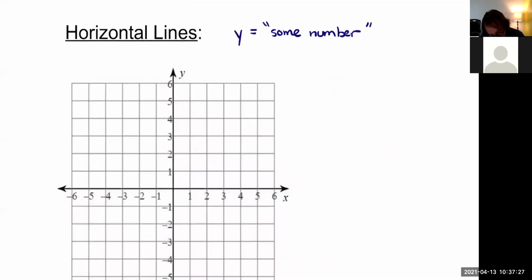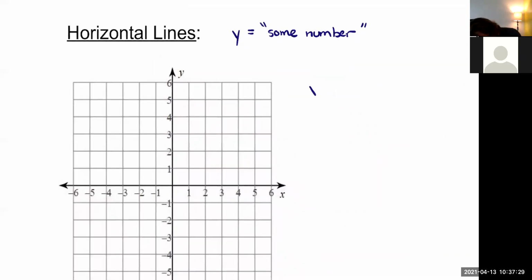So for example, if I was to have y equals 3, the way I would graph that is I would find 3 on the y-axis, place a point, and then draw in a horizontal line.